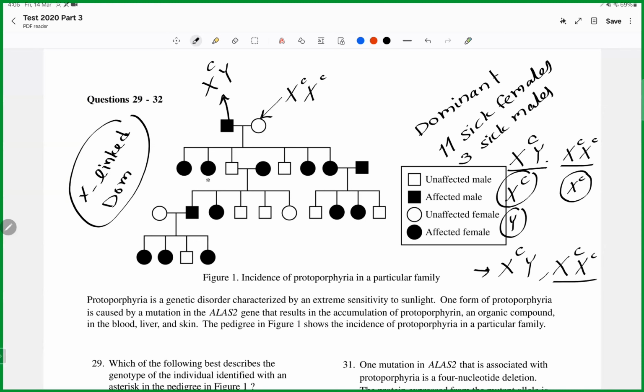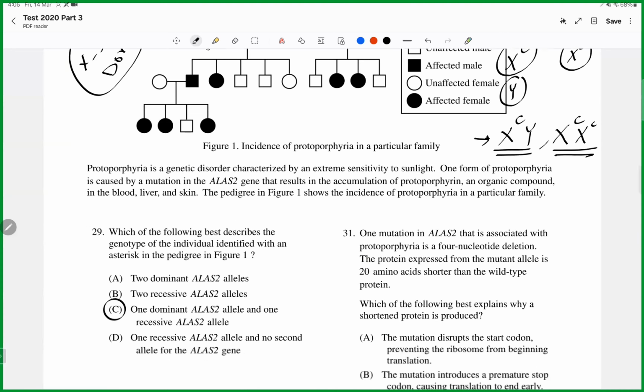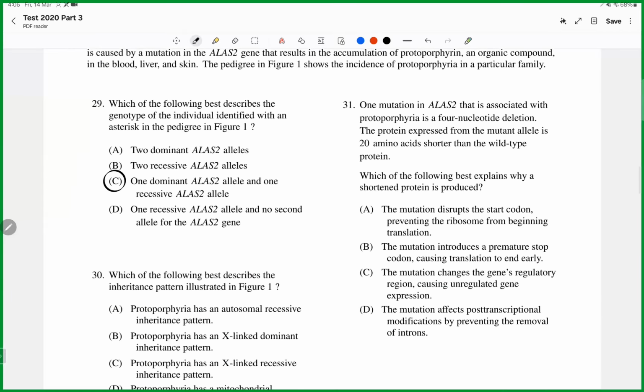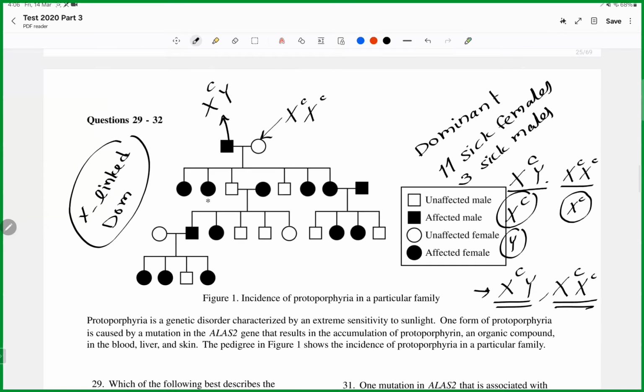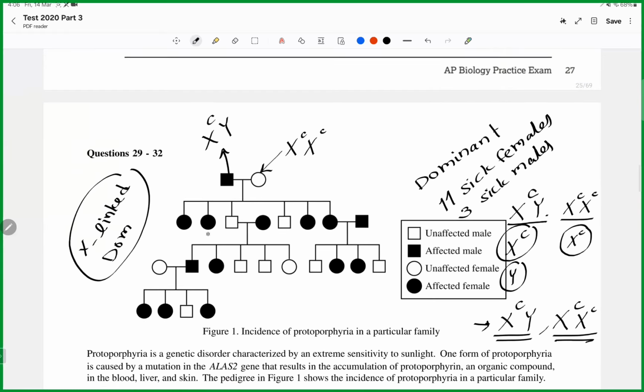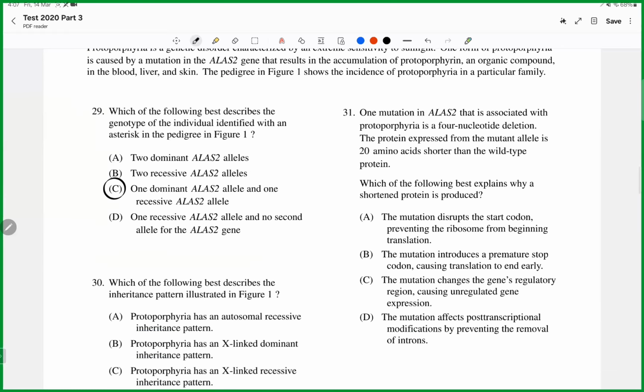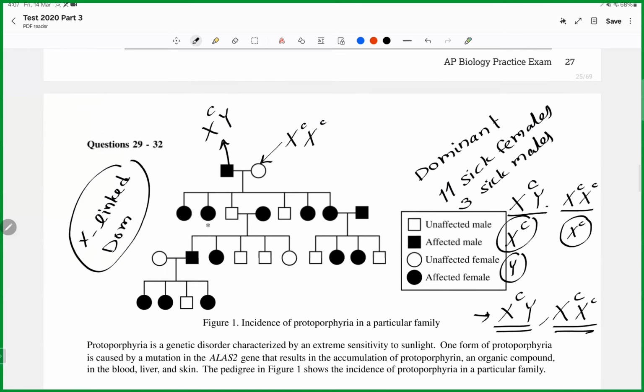So the female has to have one dominant, one recessive. Wait, how about if the female has two small? She's not sick then. That's the mother.